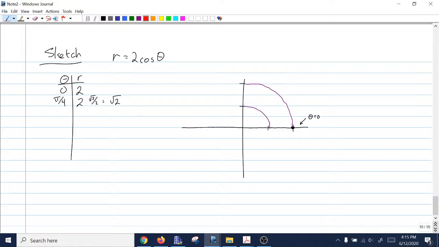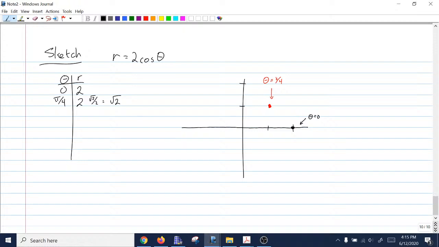We're going out to root 2, which is somewhere between 1 and 2. It's like 1.4. I'll put it like here. Theta equals pi over 4. It's somewhere around here. I could get exact coordinates, but I don't care about that too much right now. I'm just trying to get a sketch.